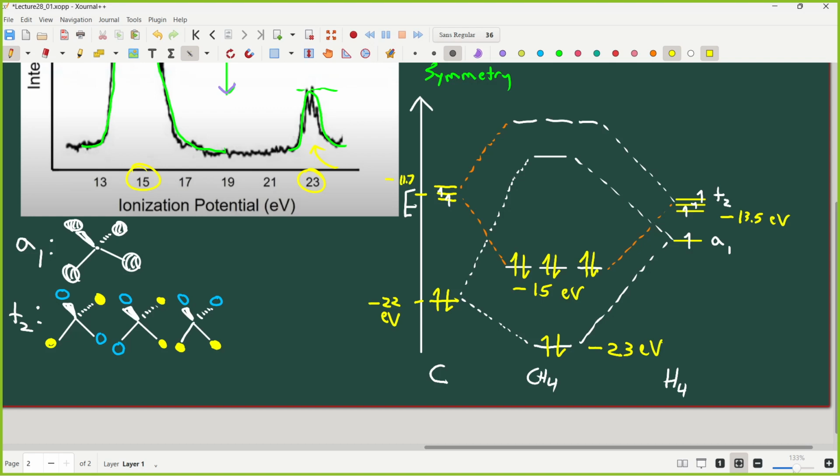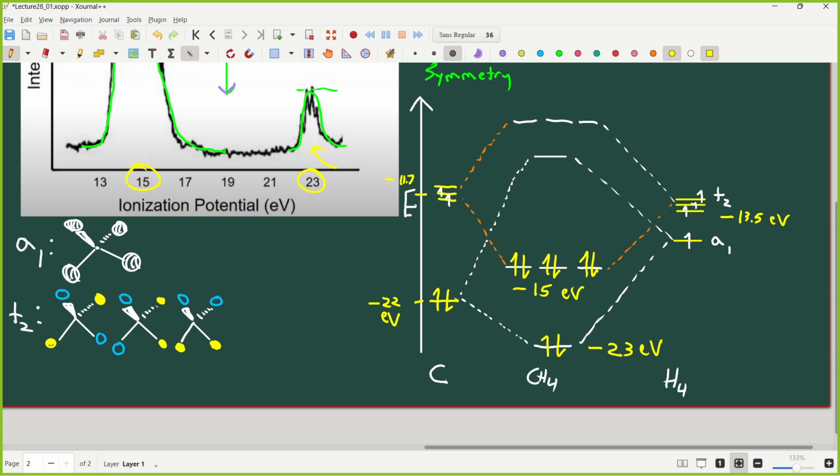And the question, of course, is how long does it take, once you remove that electron, for the molecule to change its molecular orbitals, to complete the reaction, if you will, the intramolecular rearrangement, to go from methane at tetrahedral symmetry to a slightly more spread out and relaxed methane once you remove an electron.